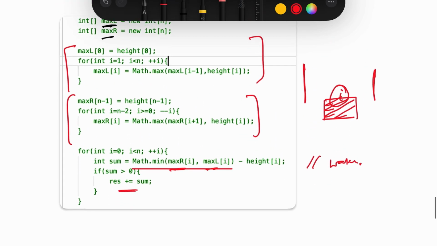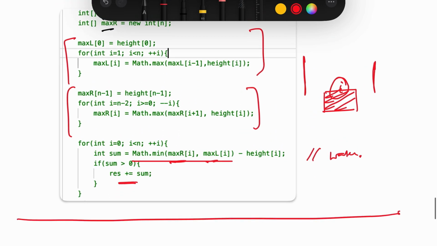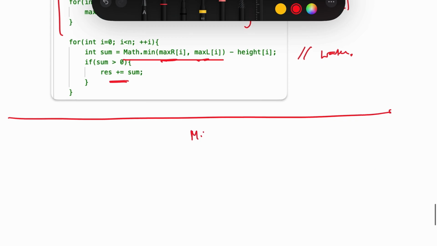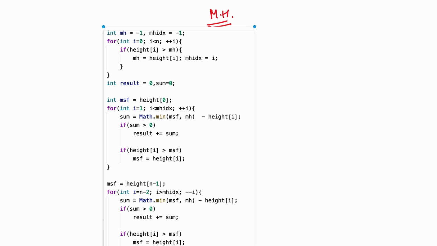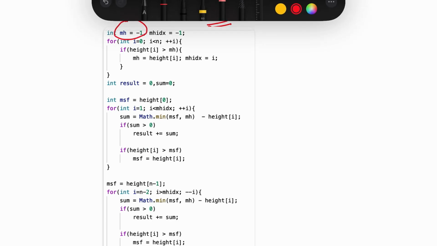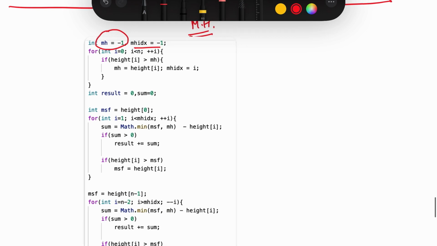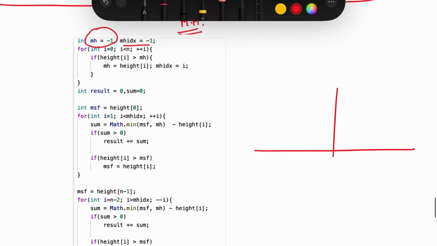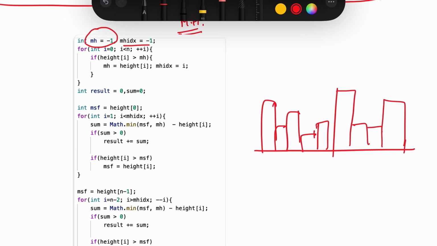And in the second approach, what we will do is, firstly we will capture the maximum height. Here in this solution, firstly I captured the maximum height, along with the maximum height index. That is, if the towers are something like this, this is the maximum tower, so there is no amount of water over it.